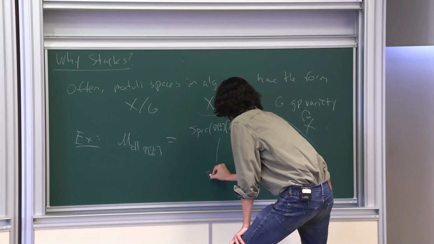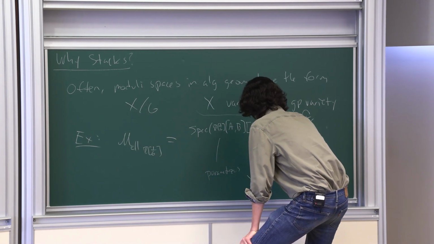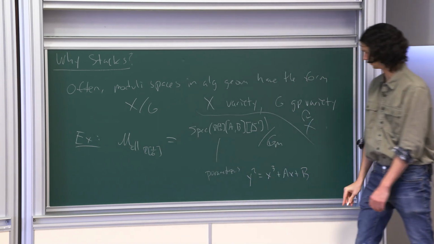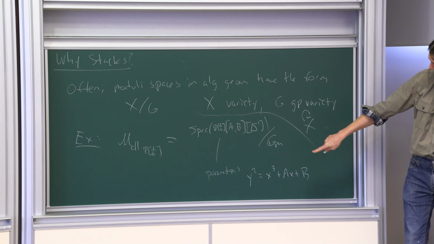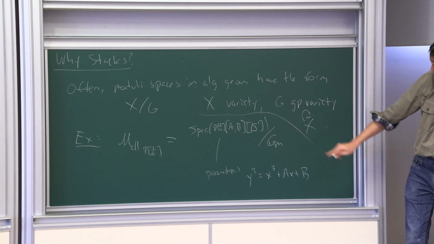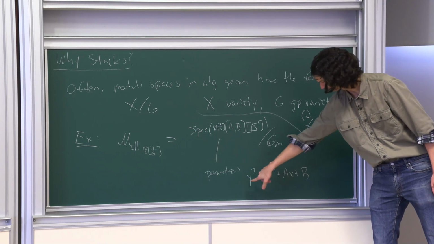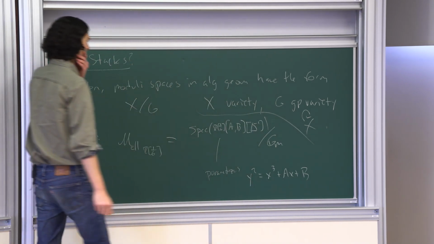So this parameterizes the elliptic curve with affine equation in this familiar Weierstrass form. And it turns out the only isomorphisms between two elliptic curves given by that equation are given by scalar multiplication with certain weights on the x and y variables, and that's this G_m action here.